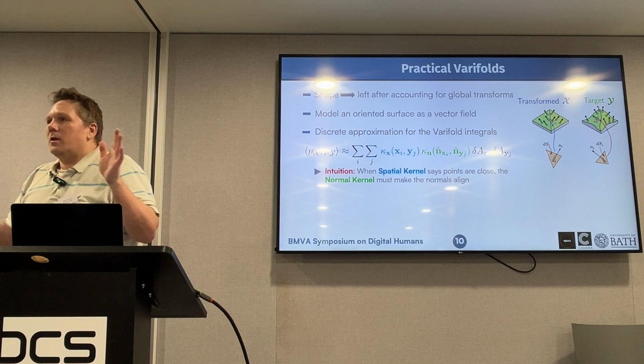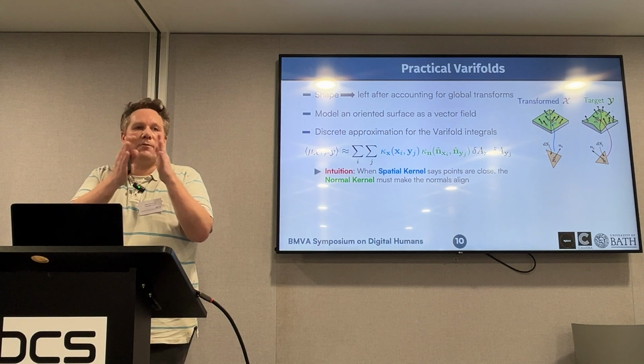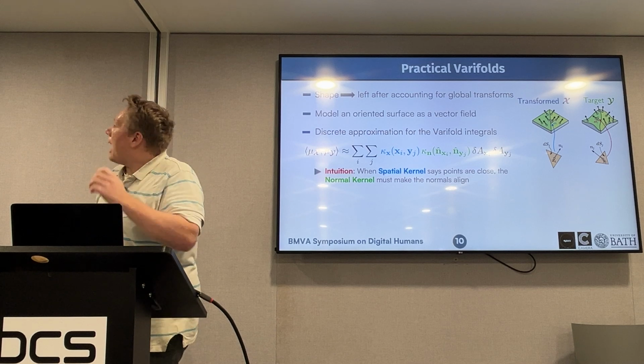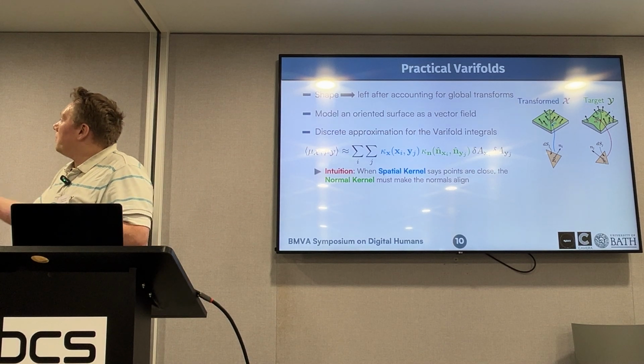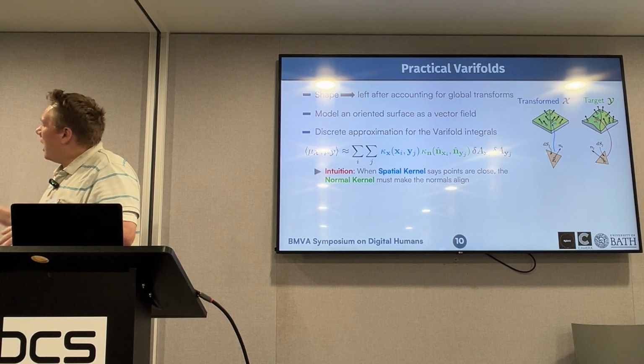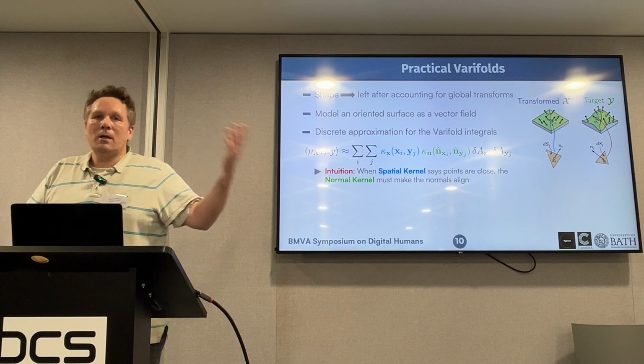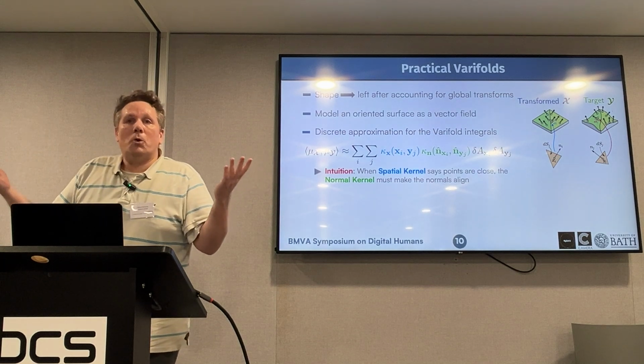The idea is that if your two shapes are aligned, those vector fields will be very similar. And you can form a discrete approximation to this. I don't have time to go into it, but the intuition is you have a spatial kernel and a normal kernel.